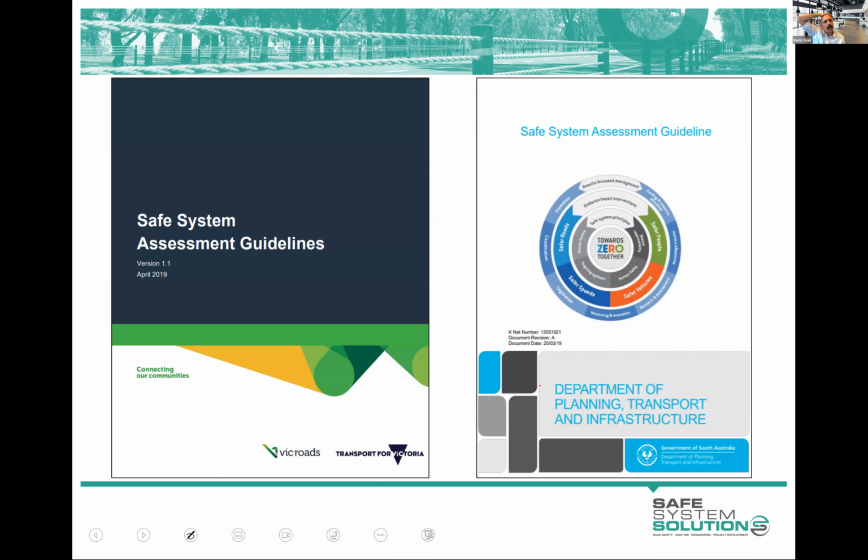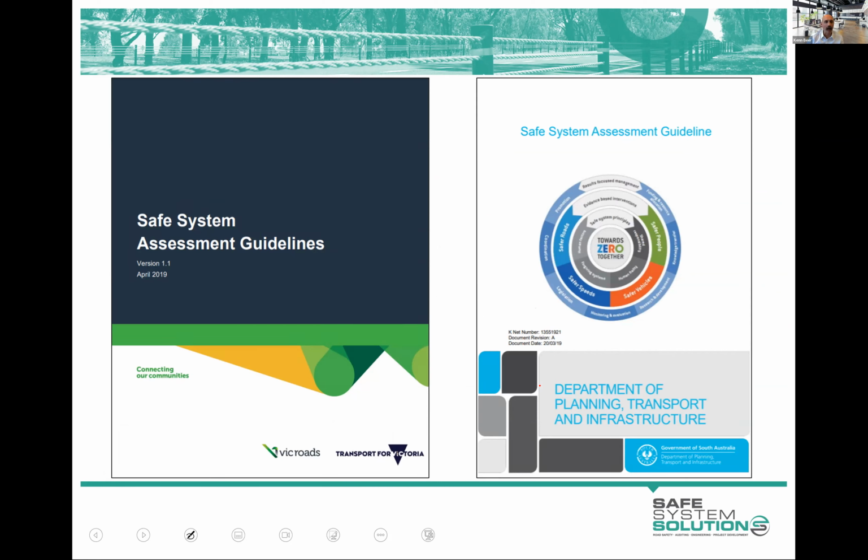Two jurisdictions have come out with supplementary guidance, and we could call them supplements or the like, but that's Victoria and South Australia. Both jurisdictions identified that the Austroads guide is missing some things. A couple of things in the Austroads guide they don't agree with for one reason or another.